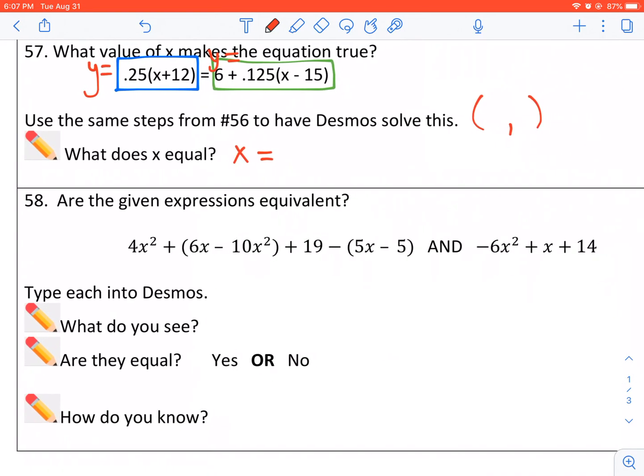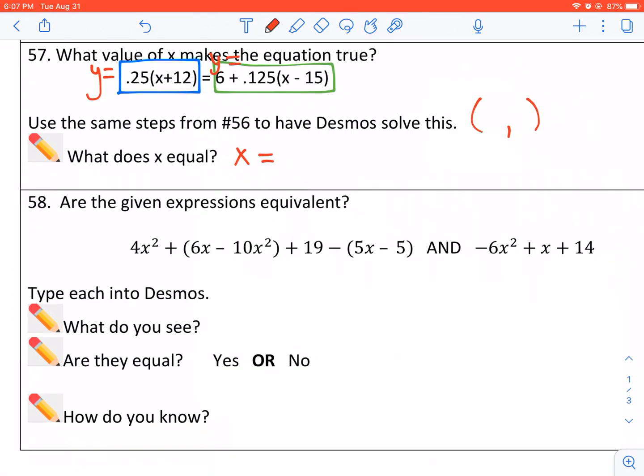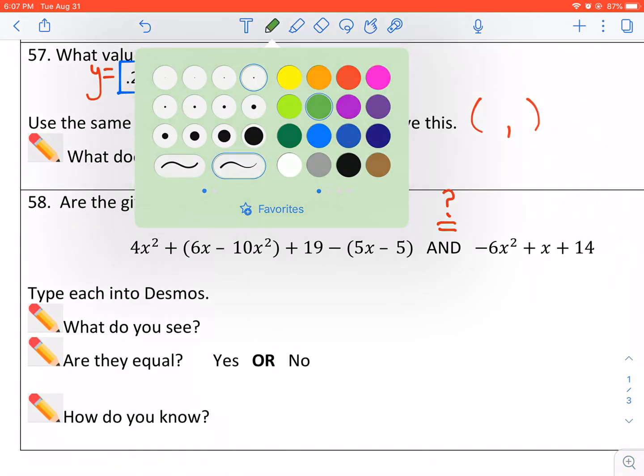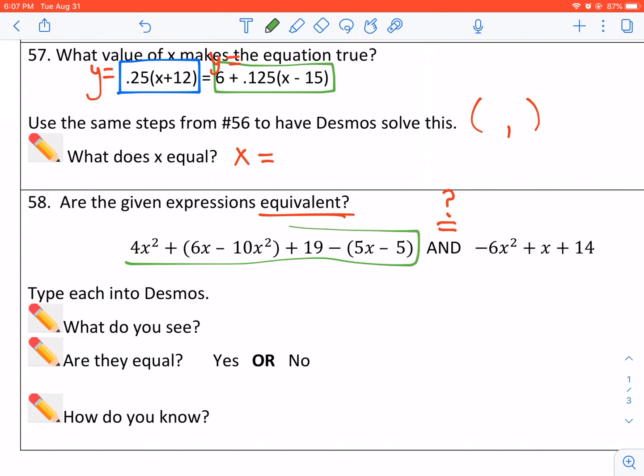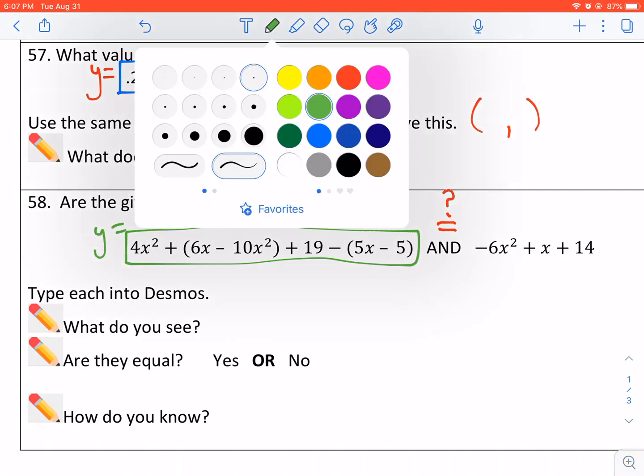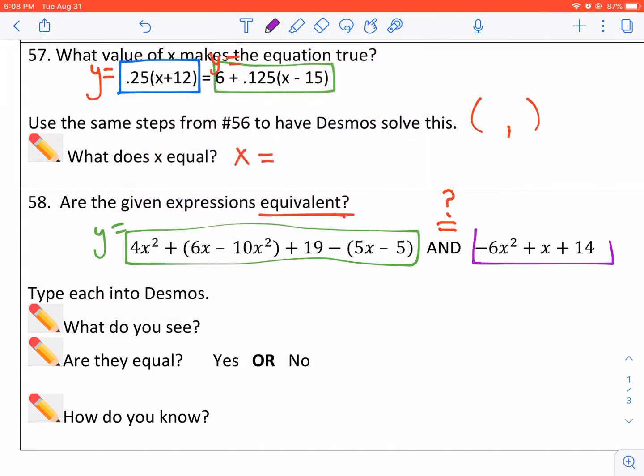Okay. For number 58, you're going to do something similar. You're going to see if they are equivalent. So basically, I'm asking if they're equal. You're going to type in the left side of the equal sign with our y equals, and then type in the right side with the y equals.